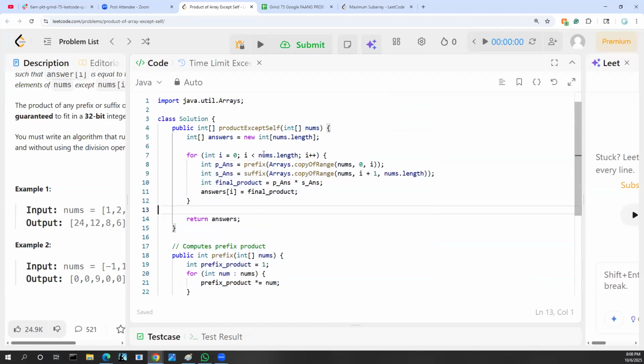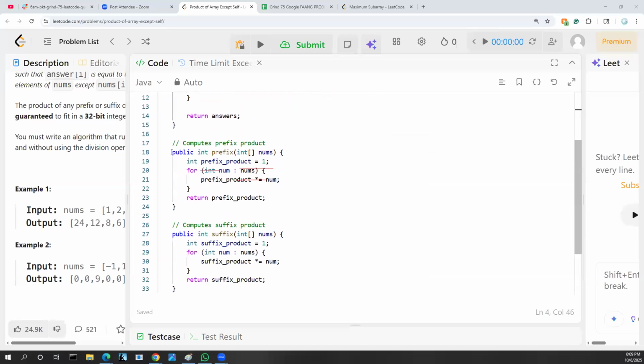If you can look at the solution right here, what I'm doing here is I'm running the iterator I over the entire length of my nums array. That is my input. Okay. And while I'm doing that, I have created two functions. One is for computing the prefix and one is for computing the suffix. This is the function that computes the prefix, and this is the function that computes the suffix.